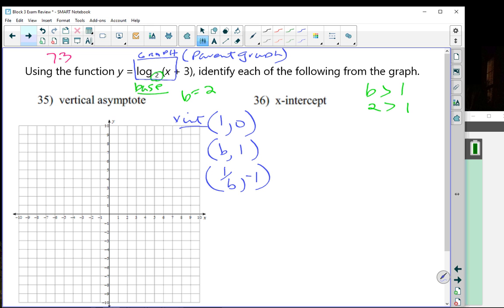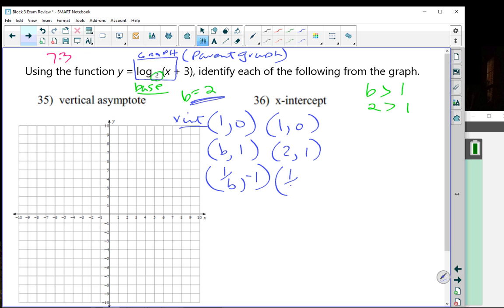Okay, what am I graphing first? The parent graph, right? I'm graphing the parent graph. So the reason why we said that we want to know that B equals 2 is because now I can change these points. Instead of writing B, what can I put? 2 and 1.